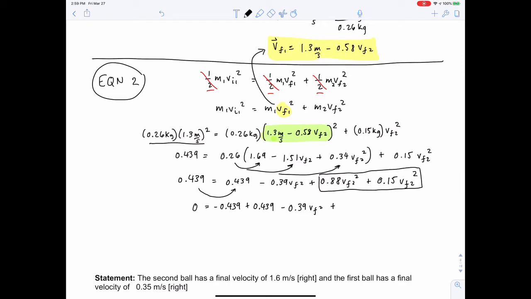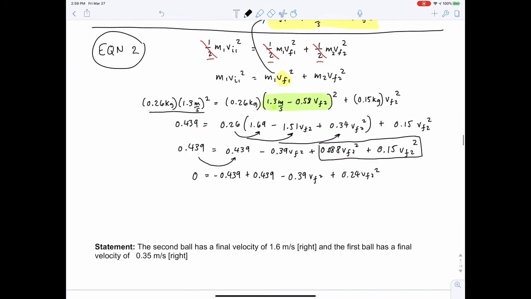If you add those two up in your calculator, apologize, it should be 1.03 VF2 squared. Simplifying this further, we have 0 equals negative 0.39 VF2 plus 0.24 VF2 squared.